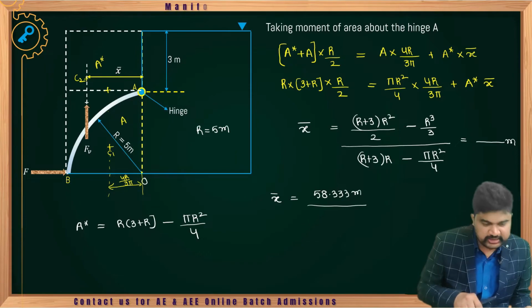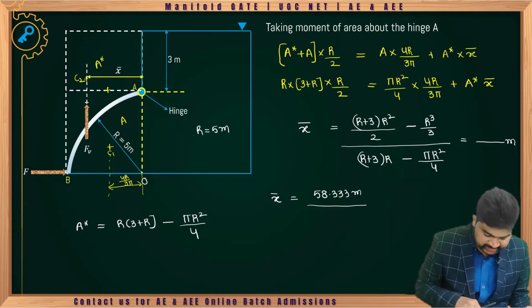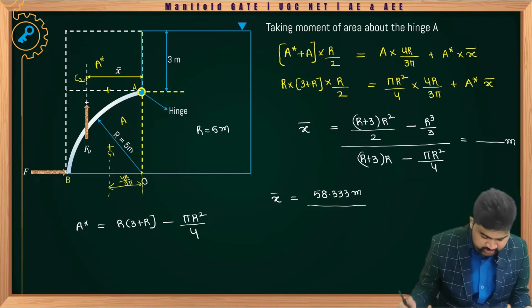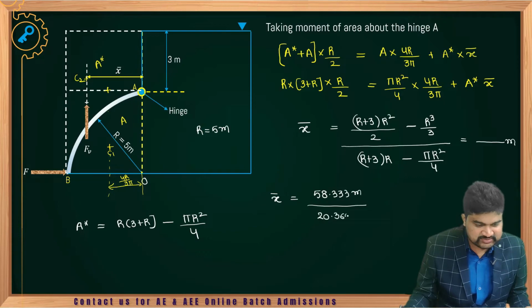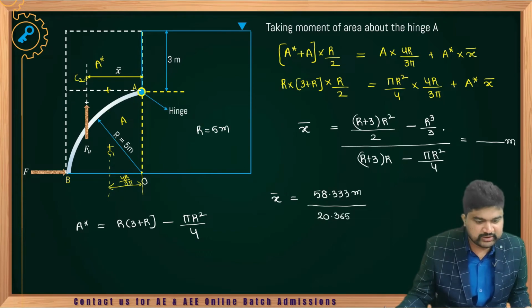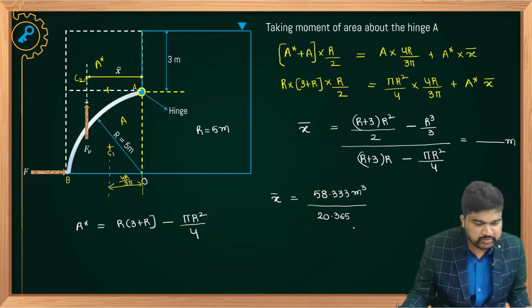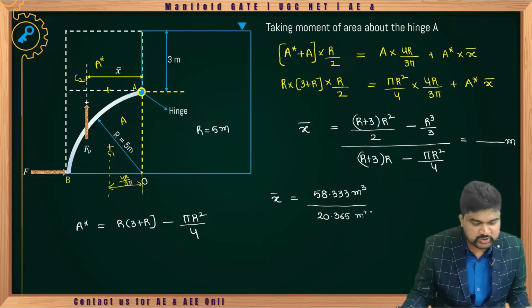Here 5 plus 3 is 8, 8 times 5 is 40. So here you will get 20.365, in meter square.